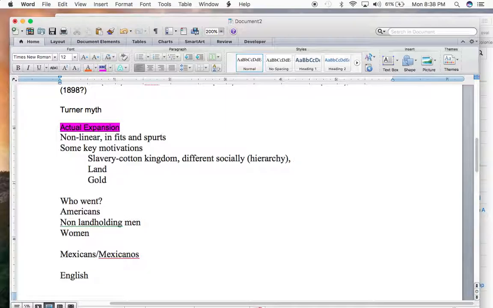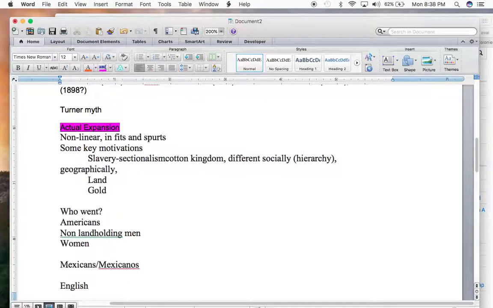And they were different geographically, in that their land was very fertile and they had a longer growing season. This is called sectionalism, by the way. Sectionalism, in how the different parts of the country were profoundly different.